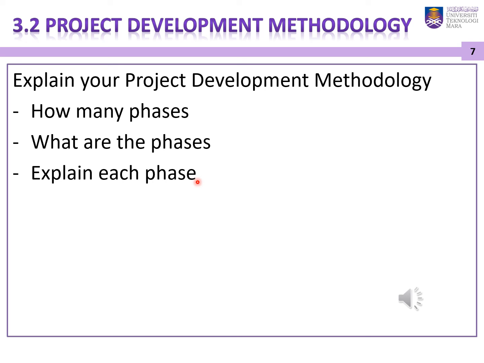Sebab saya tahu most of you, bukan semua, most of you ambil somewhere else project framework, and then you just put it inside your chapter 1 for 1.7 without thinking, without having a clear view of what you are going to do. So in this subsection 3.2, sepatutnya awak kena ambil balik framework awak tadi, letak balik, and then explain for each phase, not in detail yet, apa yang awak akan buat dalam each of the phases.